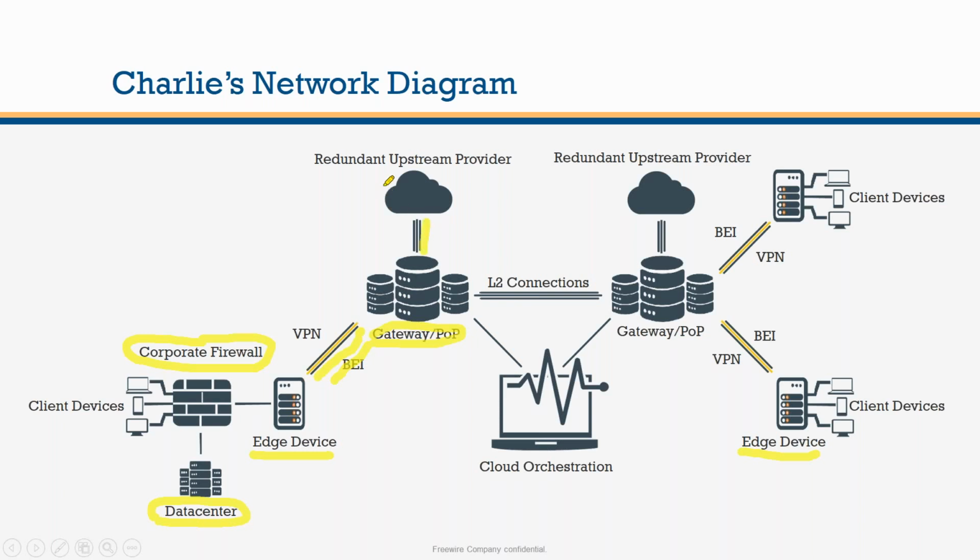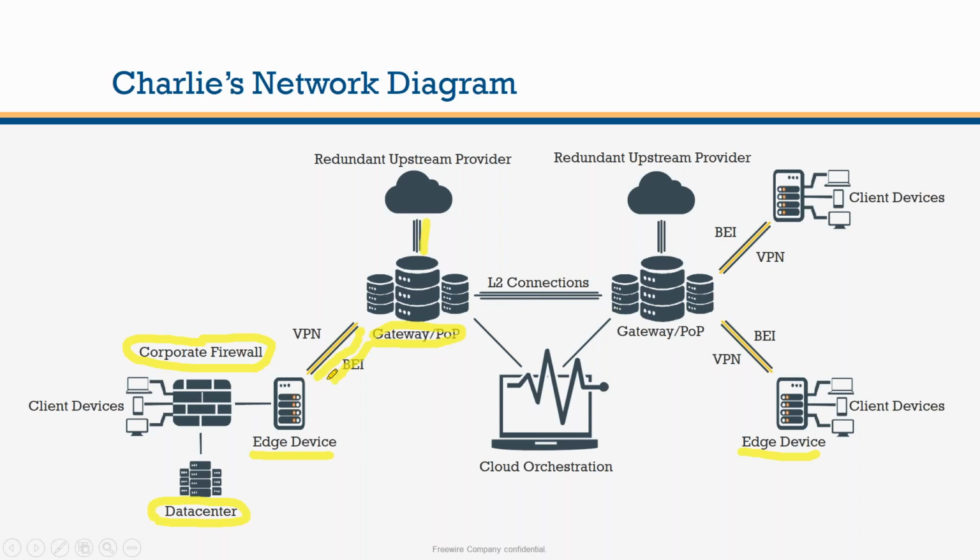multiple redundant upstream providers. Now these carrier gateways are also connected throughout the country through these private layer 2 connections, so that you have consistent routes between your different sites, whereas with traditional VPN, your VPNs can change routes based on different carrier routing changes or other issues that might be felt.